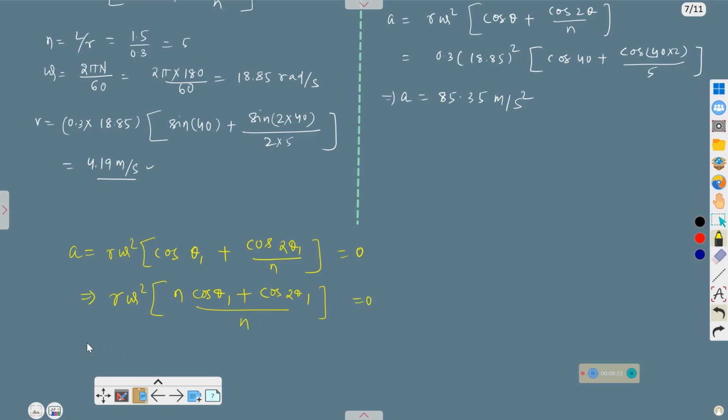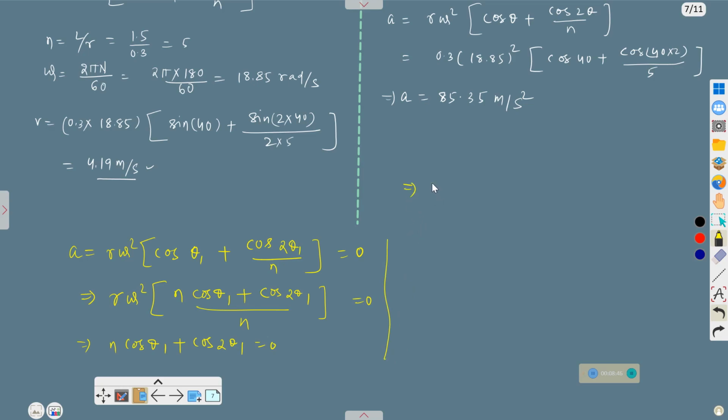Okay, and here we can take all the constant terms to the right hand side. In that case I get n cos theta 1 plus cos 2 theta 1 equal to 0. Then we can do some arrangement again.